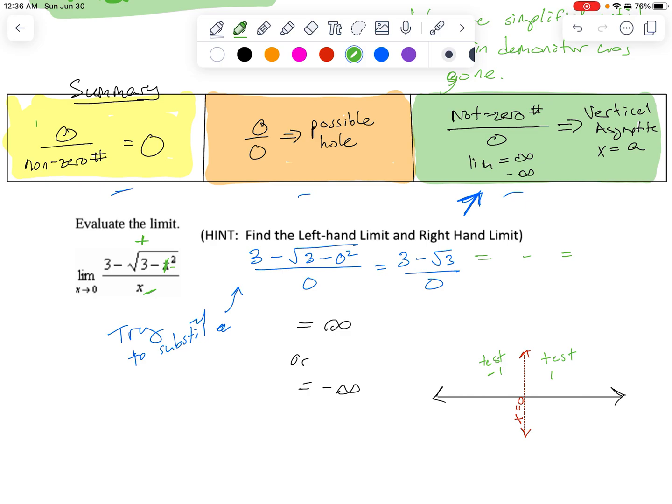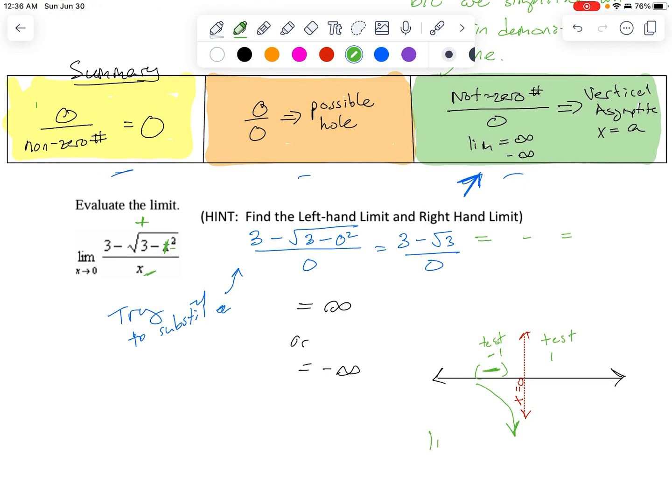So I have a positive divided by a negative, which gives me a negative. And that tells me that the asymptote behavior must be going down. And that tells me that the limit as x approaches 0 from the left of this function is -infinity.